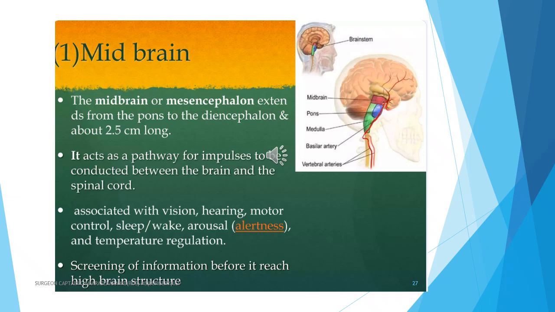Clinical correlations we can see here are Weber syndrome: ipsilateral cranial nerve 3 palsy plus contralateral hemiparesis. In Benedikt syndrome, you get third cranial nerve palsy plus tremor and ataxia.